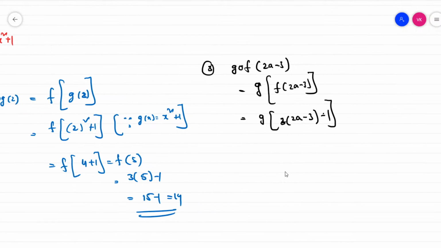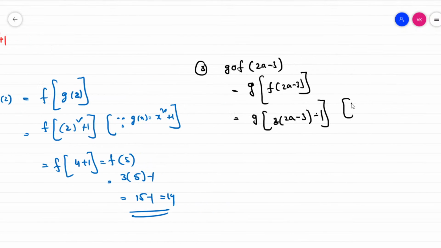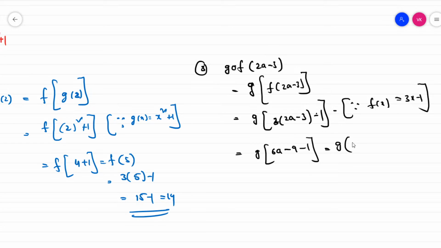Since f of x is equal to 3x minus 1, we can simplify as g of 6a minus 9 minus 1. Finally we'll get g of 6a minus 10. Let us simplify.